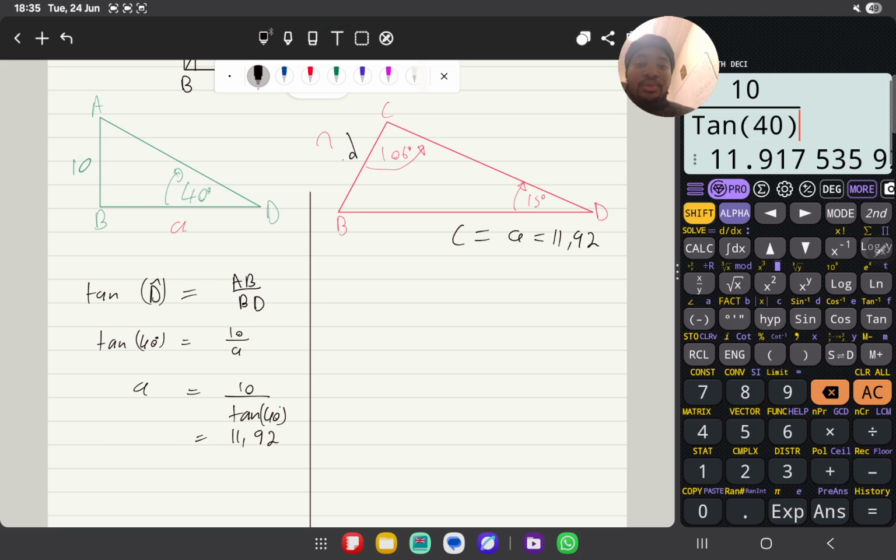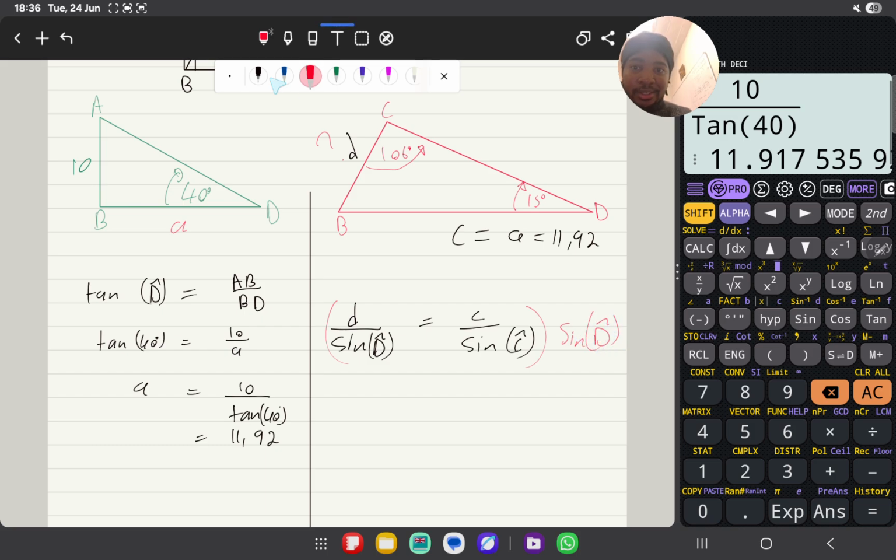The sine rule says D divided by sine D is equal to C divided by sine C. I'm looking for D, I don't have D, so I'm finding D. Before any substitution, I'm just going to multiply everything by sine D.